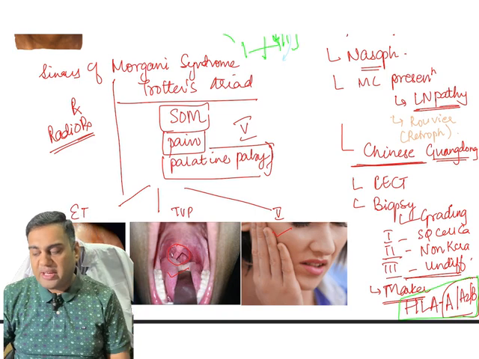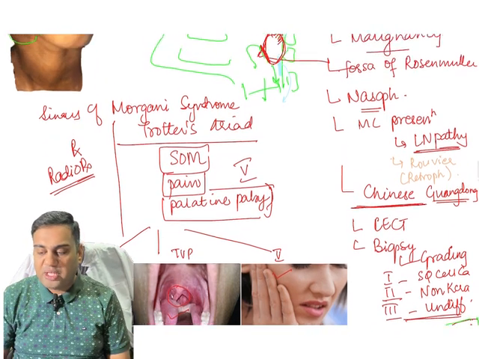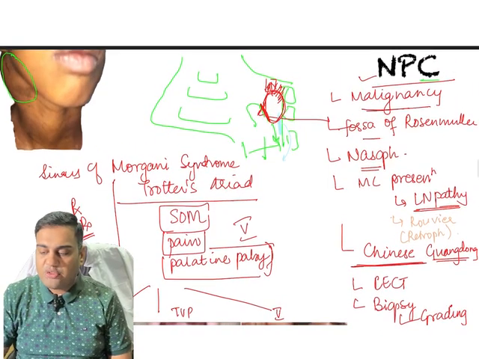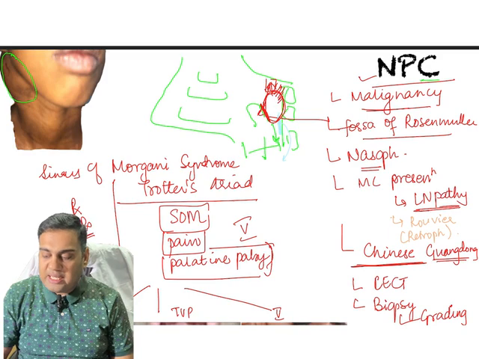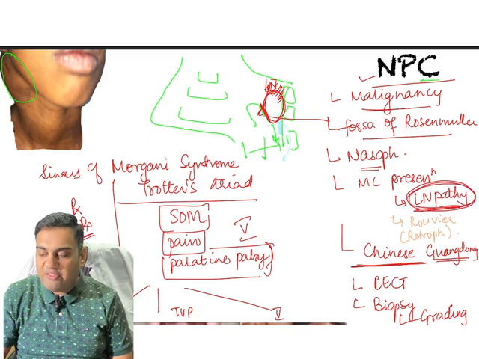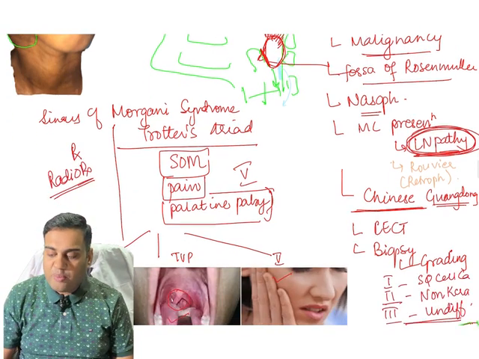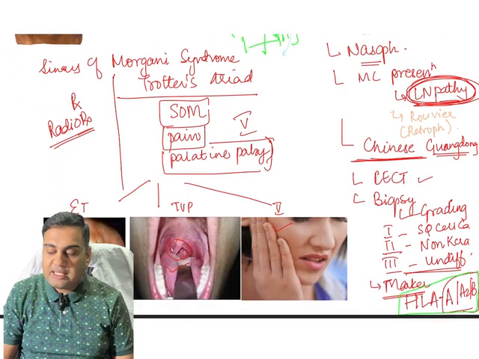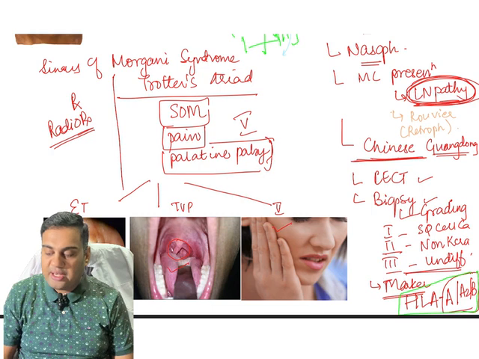Okay, so nasopharyngeal carcinoma, a few things that we have just seen right now. Quickly, it is a malignancy of the fossa of Rosenmuller. It presents as lymphadenopathy, very important. It is commonly seen in the Chinese province. Investigation of choice is CT scan and biopsy, where you can grade the disease.